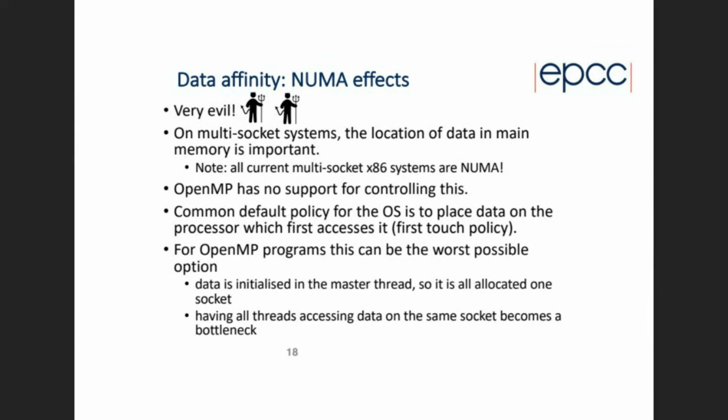On ARCHER2, there are 2 chips per node, but the memory attached to each chip is divided up into 4 sections, and each of those 4 sections is essentially tightly coupled to 16 of the cores.